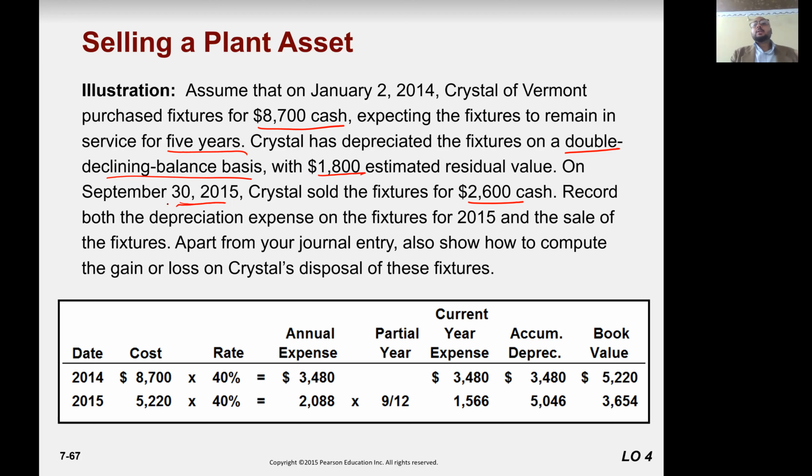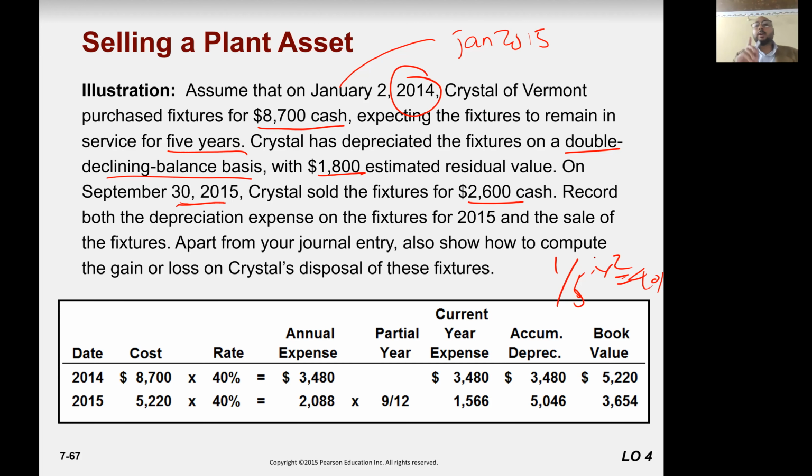All right. From January 2014 to January 2015, 1 year is complete. So 1 year of depreciation they must charge in 2014. For 5 years, 1 by 5 multiplied by 2 is 40%. So the double declining rate is 40%.